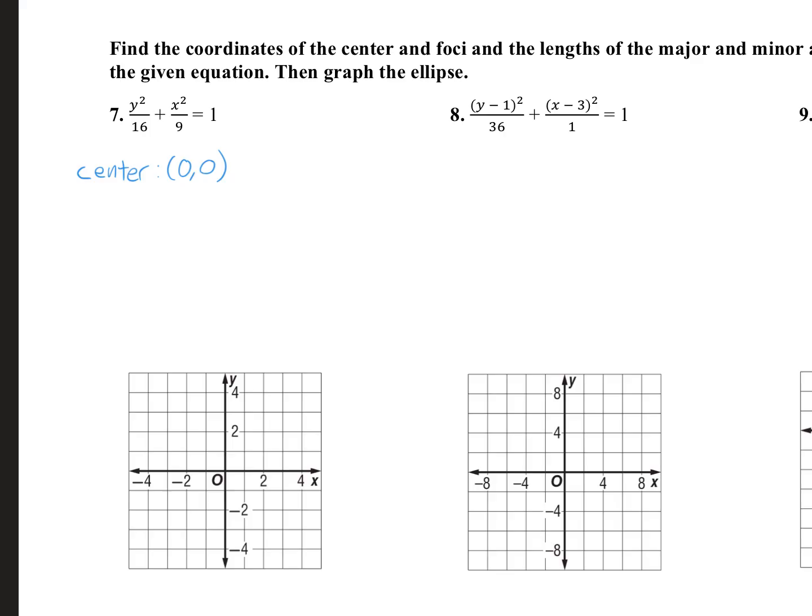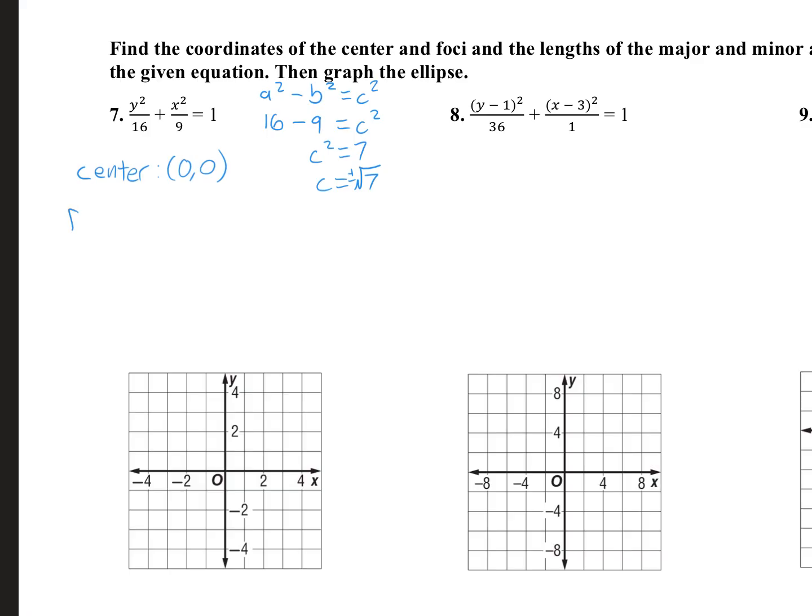So remember that the equation relating a, b, and c is a squared minus b squared equals c squared. a squared is your bigger denominator, b squared is your smaller denominator. So we know c squared equals 7, so c equals plus or minus radical 7. Foci are c units away from the center.